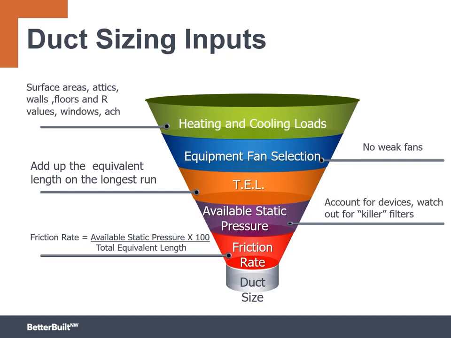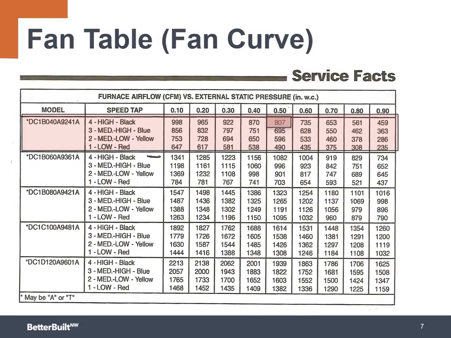This is the part that's on your ductulator that I'm sure you've seen before. Mathematically, it's expressed as the available static pressure times 100 divided by the total equivalent length. Generally, it varies from 0.06 to 0.12. When we get that, then we can begin to size each duct in our system. This is an example of a fan table or fan curve or fan capacity table.